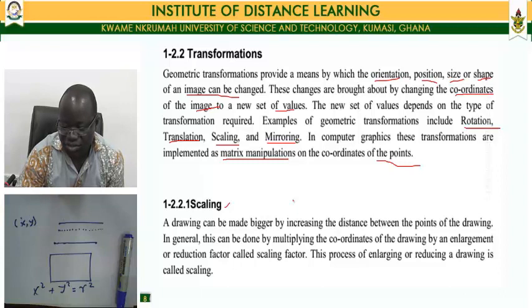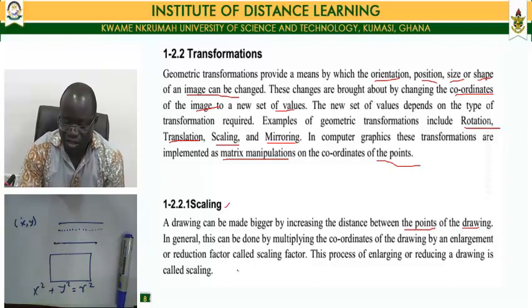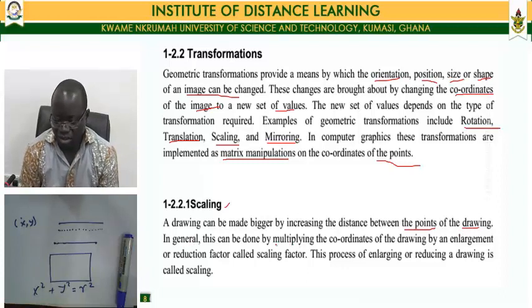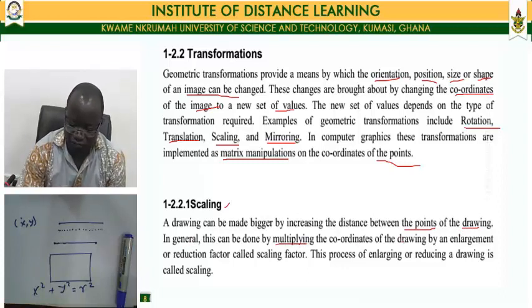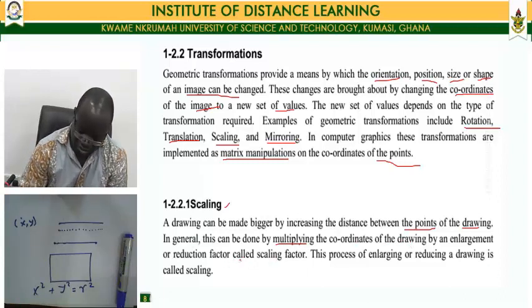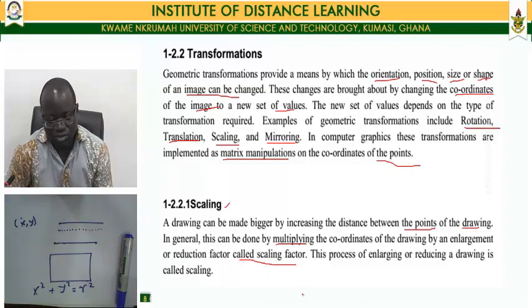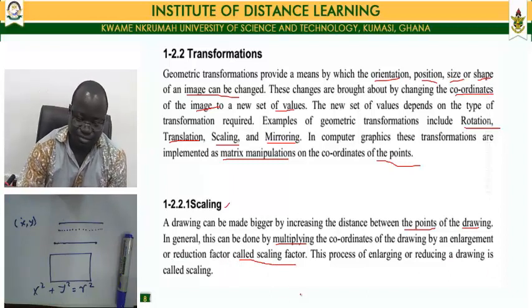This can be done by simply multiplying the coordinates of the drawing by an enlargement or reduction factor called the scaling factor. Once you undergo this process of either enlarging or reducing a drawing, then you are doing scaling. Okay, so let's try to illustrate that.